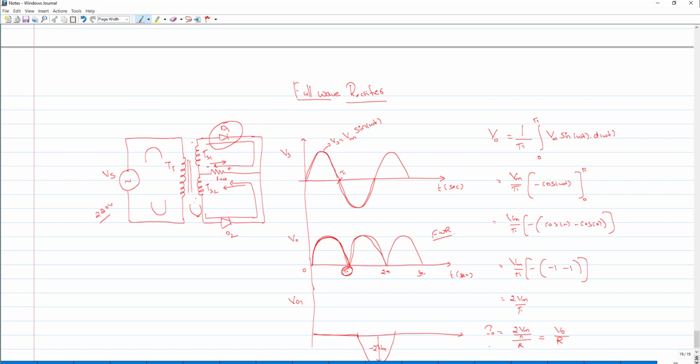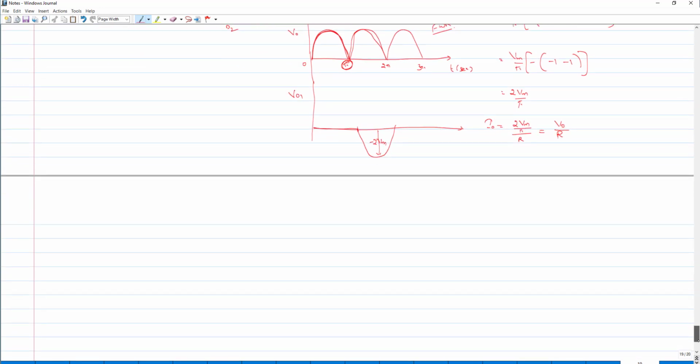So now you can go for the RMS value, you can easily find out the RMS value. So Vrms square, I'll write 1 by pi integral 0 to pi Vm sin omega t whole square into d omega t.